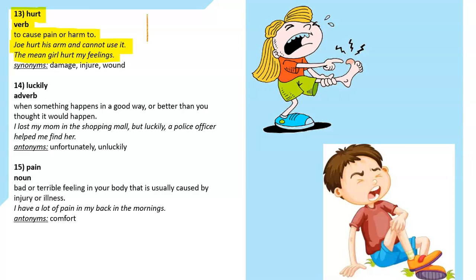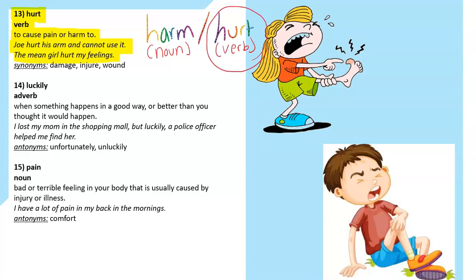Remember, we had the word harm before. So harm and hurt are a little bit different. Harm is a noun and hurt is a verb. Hurt is the actual action of getting hurt. Something got hurt. For example, I hurt my toe, or the boy hurt his knee.